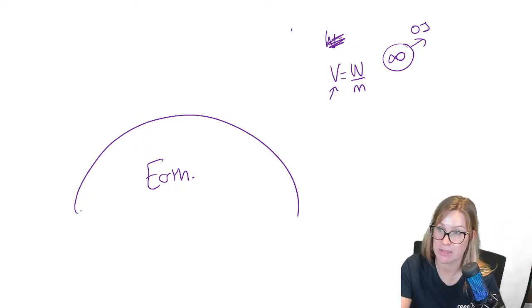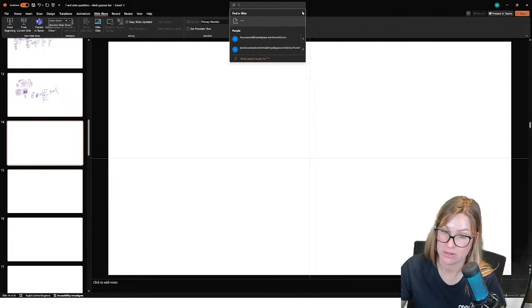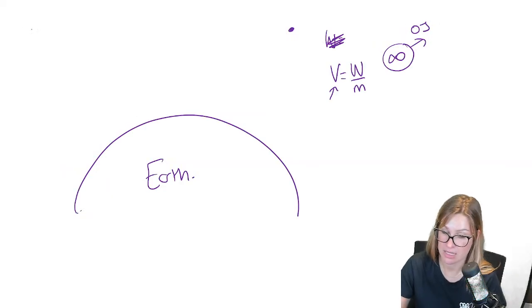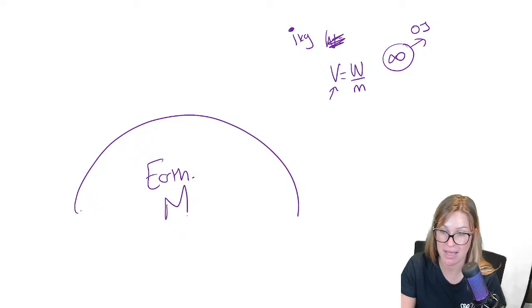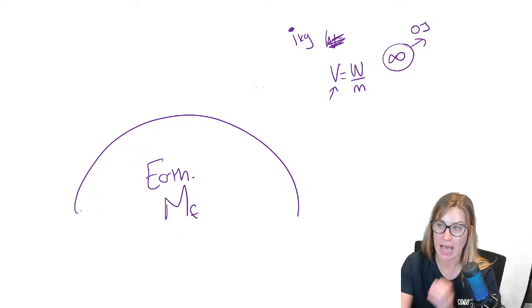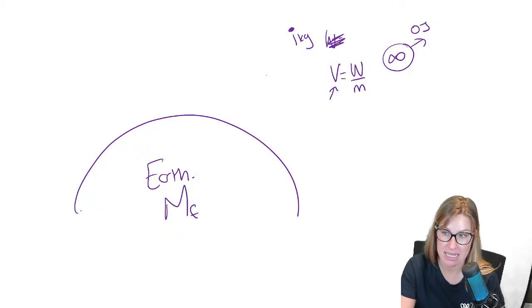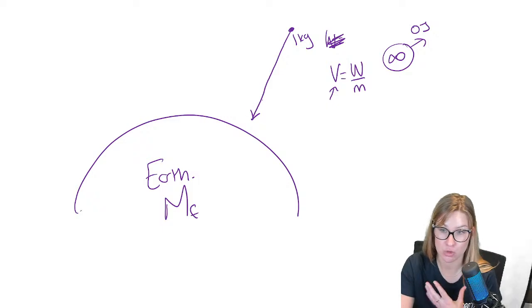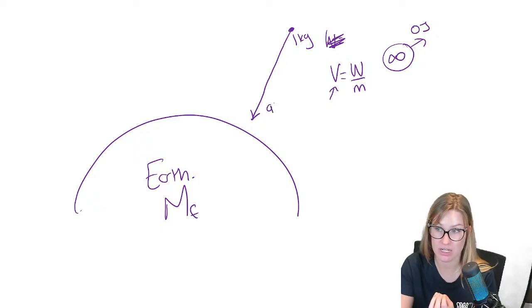Let's say we've got some 1 kilogram mass, and Earth has a massive mass. When that 1 kilogram mass gets close to the Earth, the gravitational pull of attraction will try to pull it towards the Earth. I don't have to do anything, because gravity is always attractive.